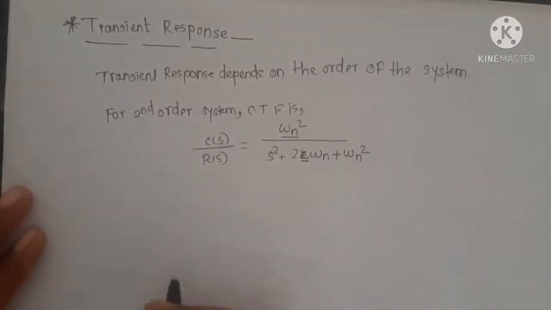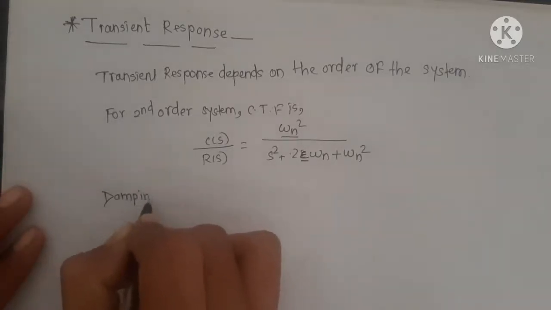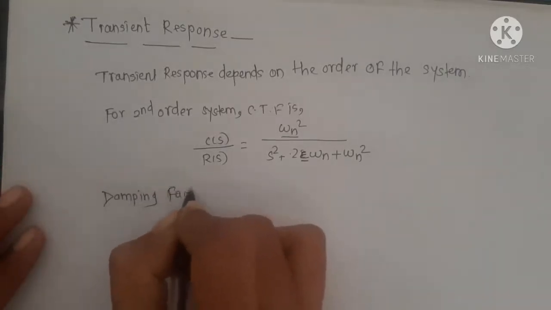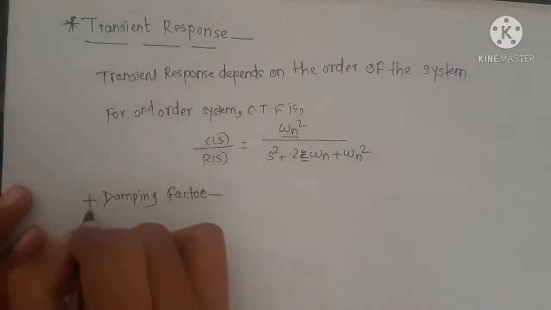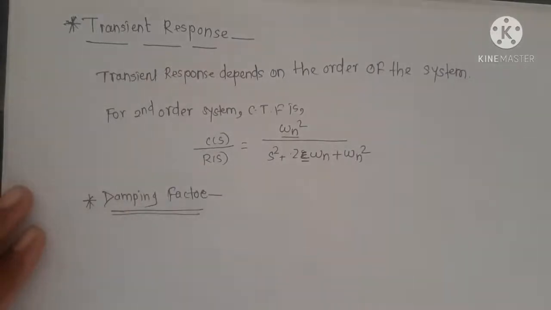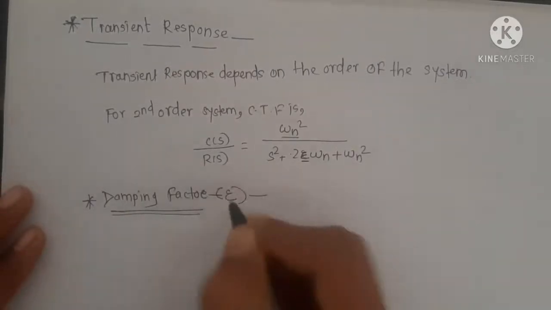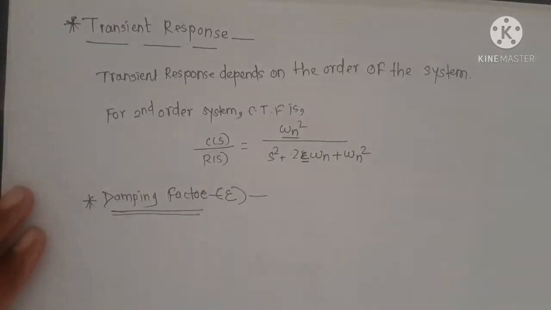So what is eta? This is called as a damping factor. There are two important terms related to transient response, that is damping factor, the symbol is eta. So what is damping factor?